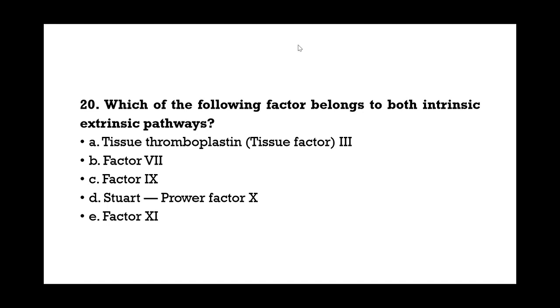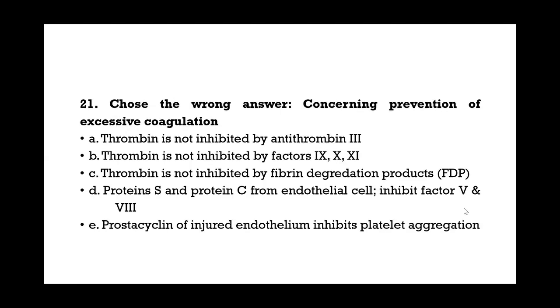D, Stuart-Prower factor, factor 10. And E, factor 11. If you look at your coagulation cascade, you will find out that factor 10 is the one that is common. It belongs to both the intrinsic and the extrinsic pathway. So our answer here is D.